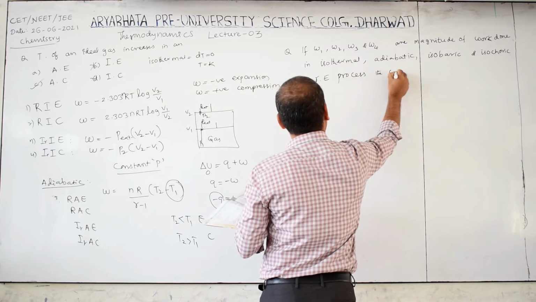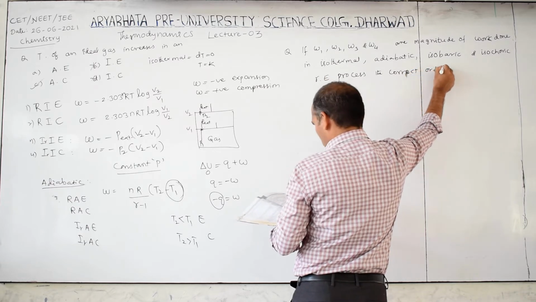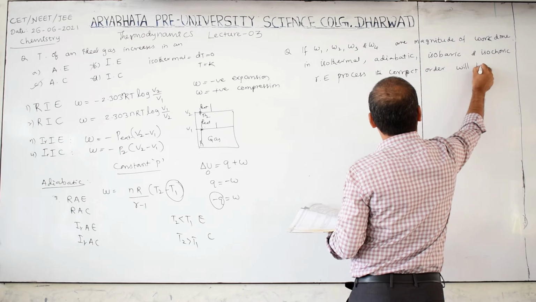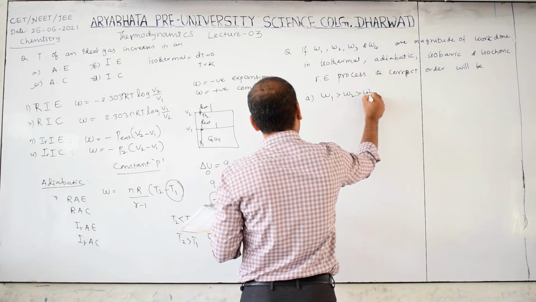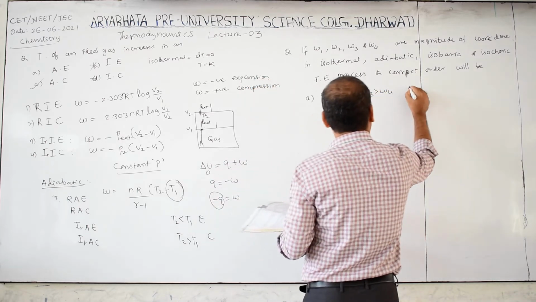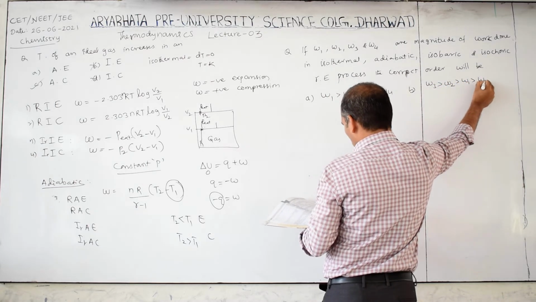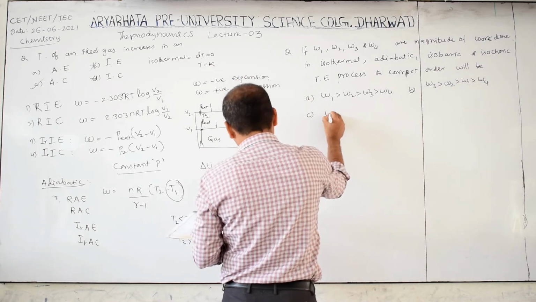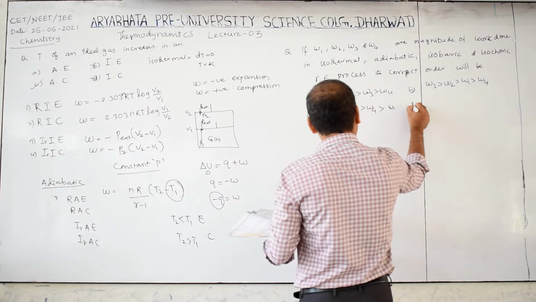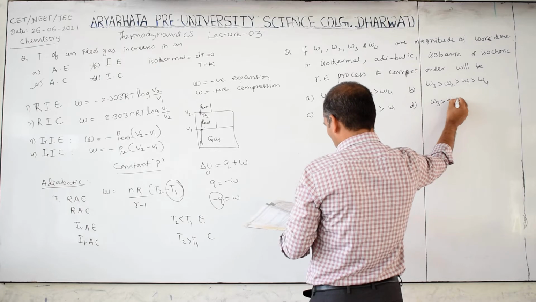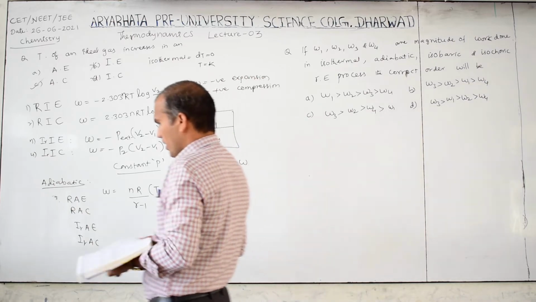The correct order will be: the options given are A, W1 greater than W2 greater than W3 greater than W4. Option B, W3 greater than W2 greater than W1 greater than W4. Option C, W3 greater than W2 greater than W4 greater than W1. Option D, W3 greater than W1 greater than W2 greater than W4.